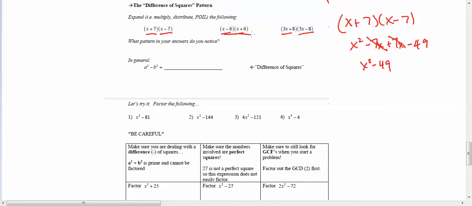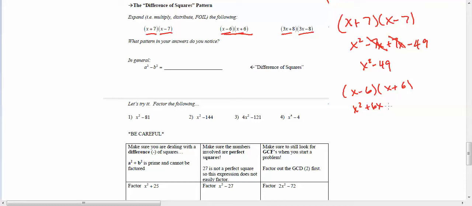This second one. Cool? So we've got x minus 6 and x plus 6. I really want you to pay attention here, Jordan. Tell me what to write underneath. I need you to be quick because we're on a timer for recording this. So what would be the first times the first? X squared. All right, what about the outers? Positive 6x.